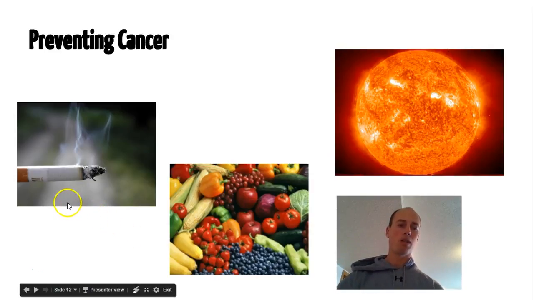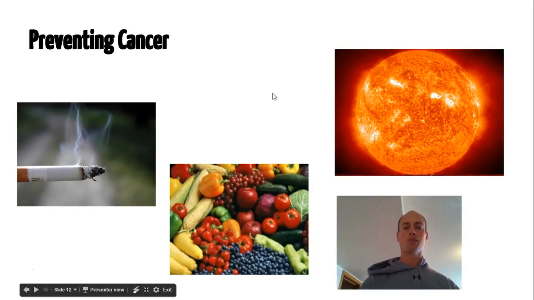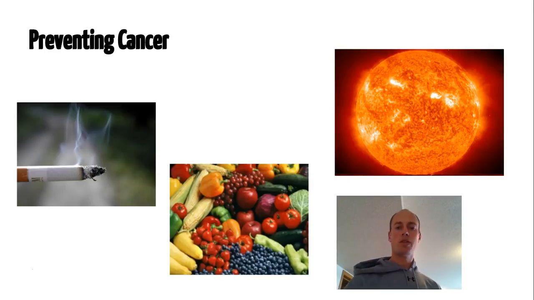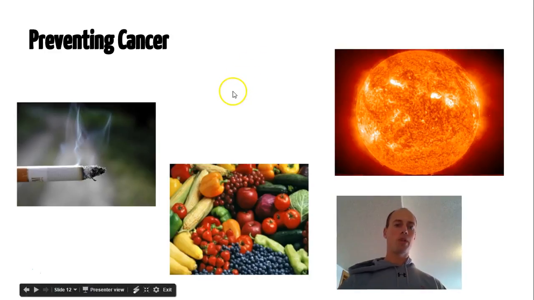Also, avoiding exposure to carcinogens such as smoking cigarettes and other things can really limit your chances of getting cancer. And then exposure to the sun can also be a carcinogen. So if you're in the sun way too much without sunscreen, that can be a bad thing that could cause cells to develop cancer.